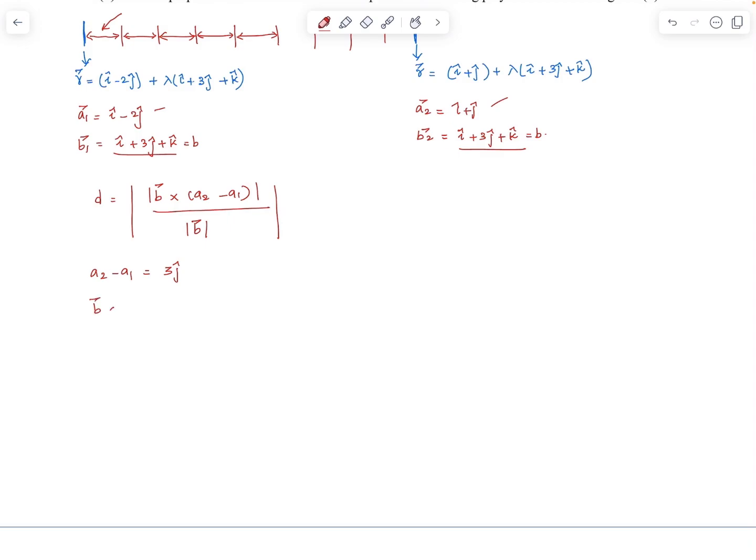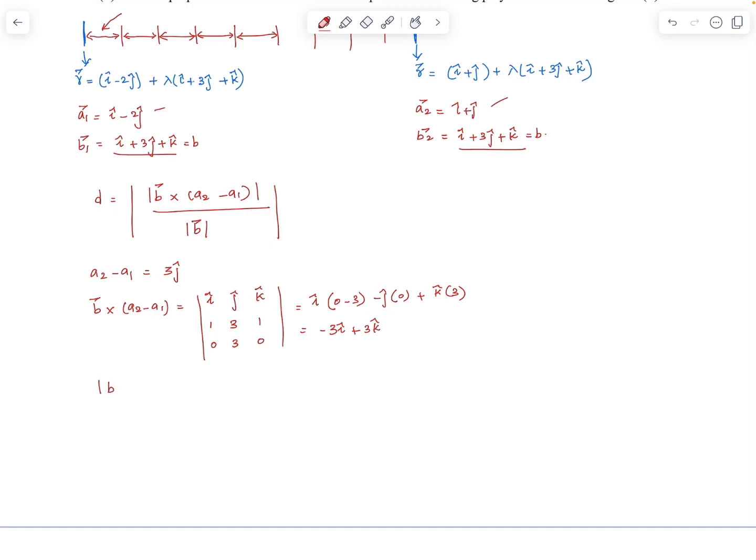Let's calculate B vector cross (A2 minus A1). i times (0 minus 3) minus j times 0 plus k times 3, which is minus 3i plus 3k.